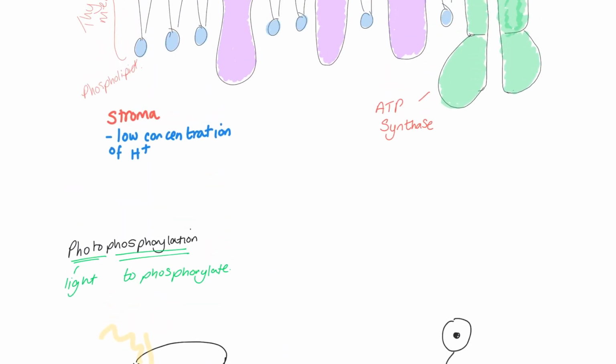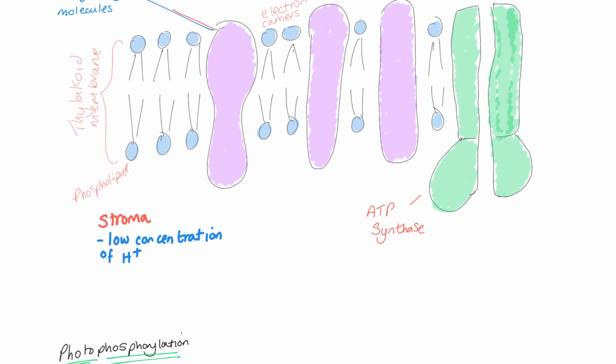So let's just go back here. So what's happening? Light is going to hit our antennae complex, our transmembrane protein containing chlorophyll, and that will cause this to lose a pair of electrons, which will get donated to the next electron carrier.